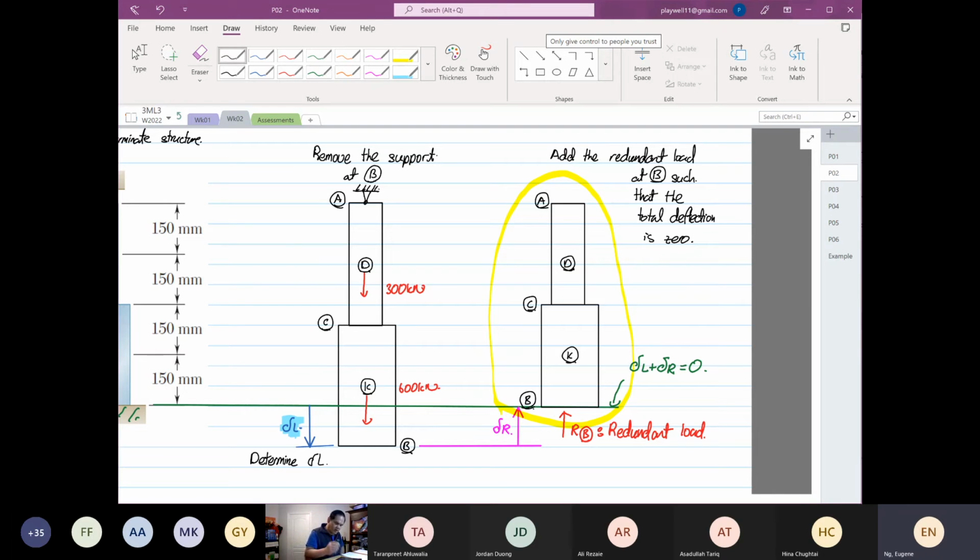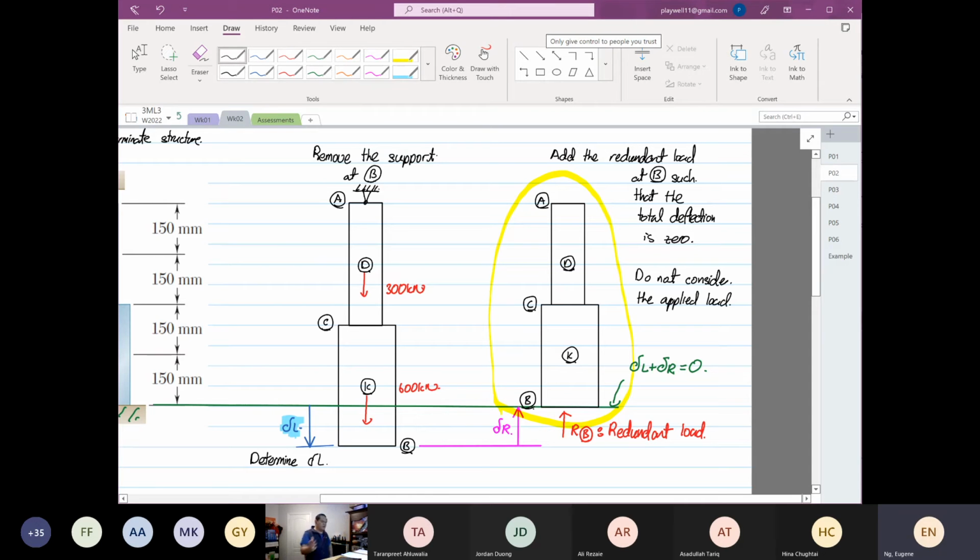So when you add the redundant load for your analysis, do not consider the applied load. Why?